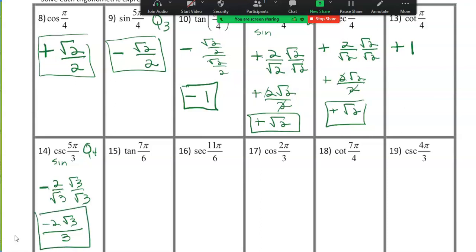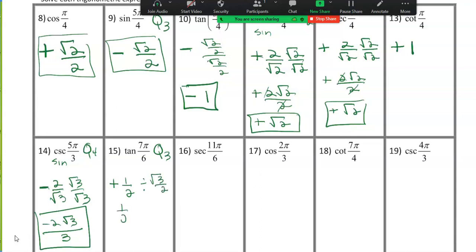Okay, tan of 7 pi over 6. Look at your unit circle, and I'm seeing 7 pi over 6 is in quadrant 3. Okay, in quadrant 3, tan is positive. Give yourself a positive. Okay, pi over 6 is the reference angle that I want to go with. I need tan, so it's going to be positive 1/2 sine divided by cosine.